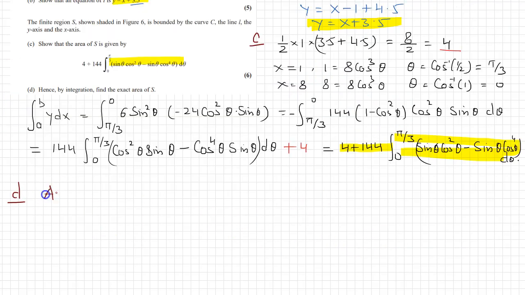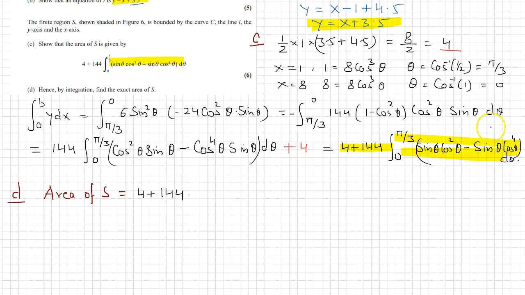So the area of S will be 4 plus, now integrate this, sine theta cos square theta minus sine theta cos 4 theta, so this is 144.